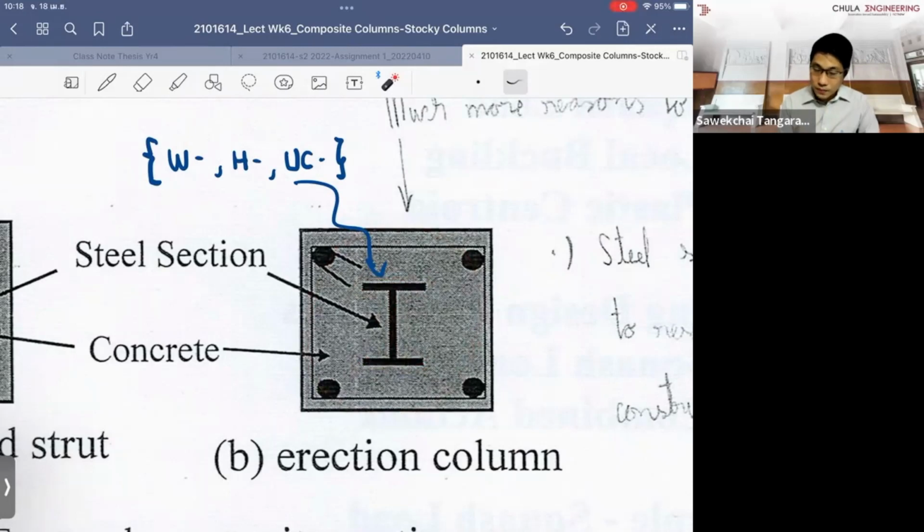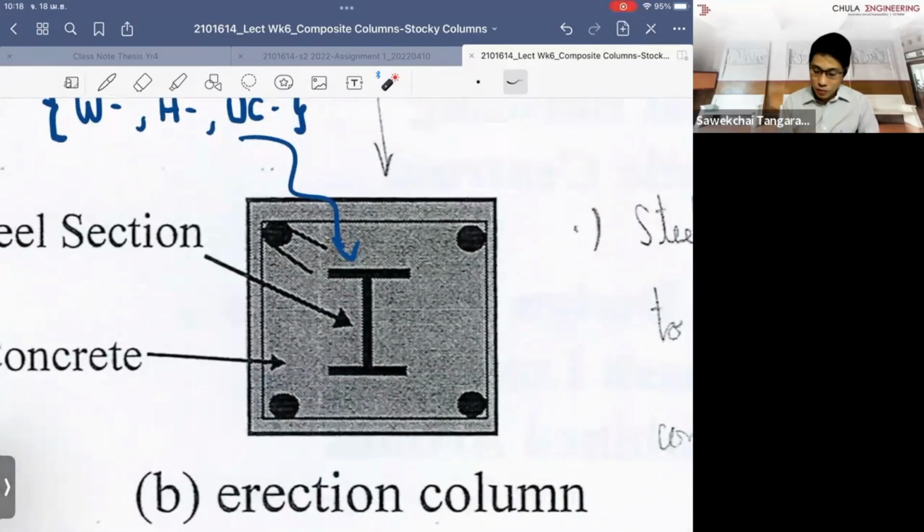To provide the friction, normally we provide shear studs, similar to what you calculate for slabs or beams, right? You have to provide shear studs here to provide sufficient longitudinal shear transfer between the two types of material, or you can provide shear studs on the web as well.